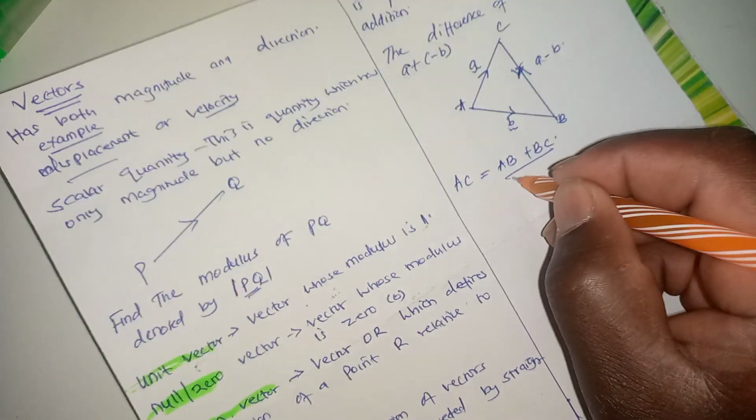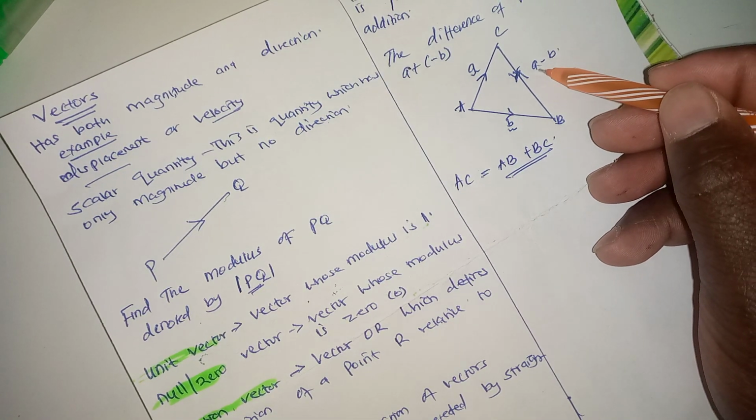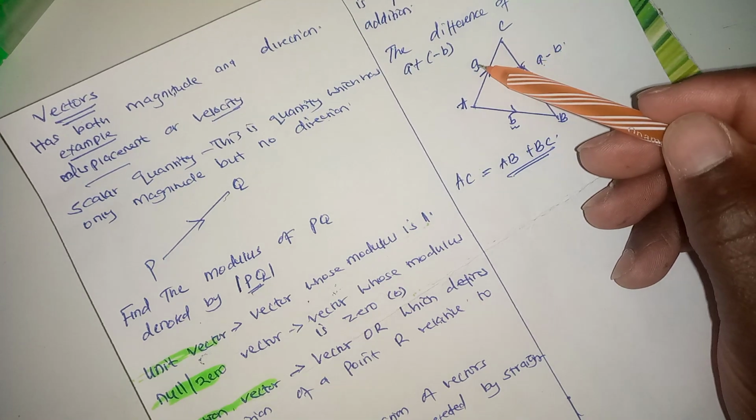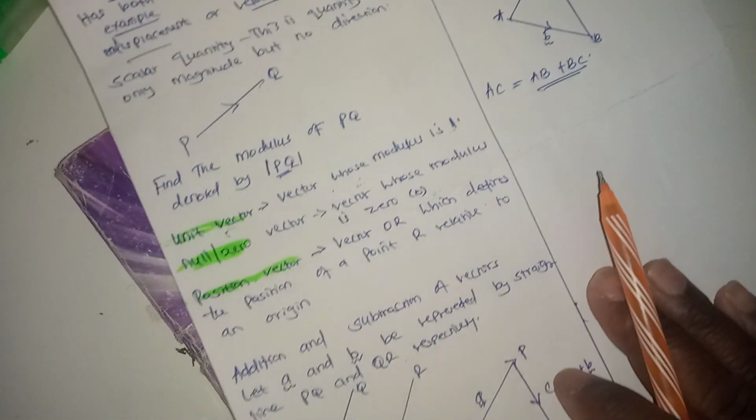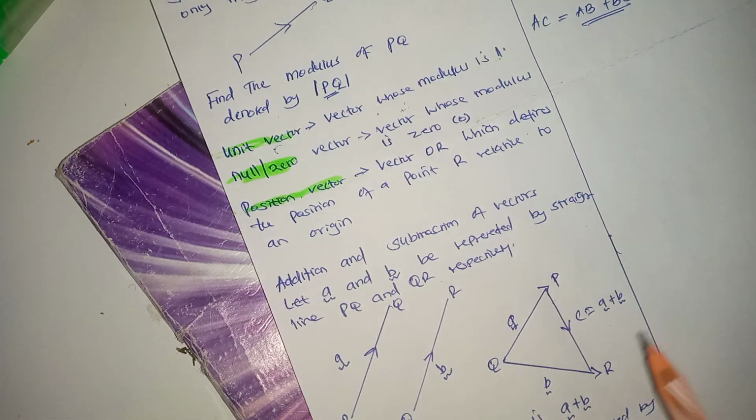For you to find the resultant of this, you are going to take A minus B. Are we together? I hope now you have understood how these things are.